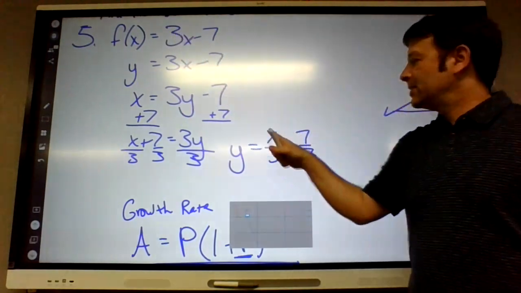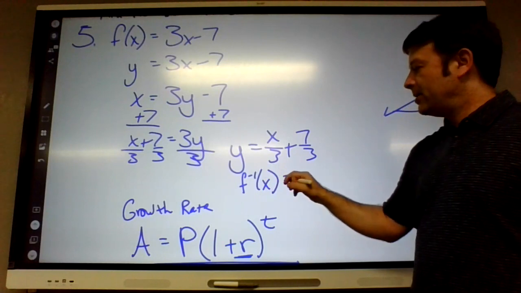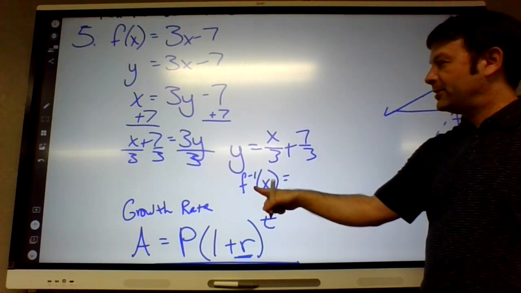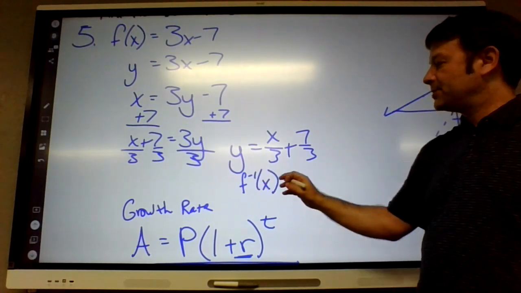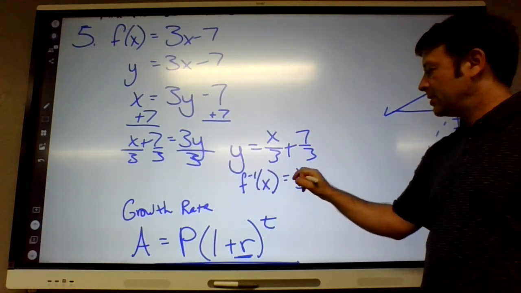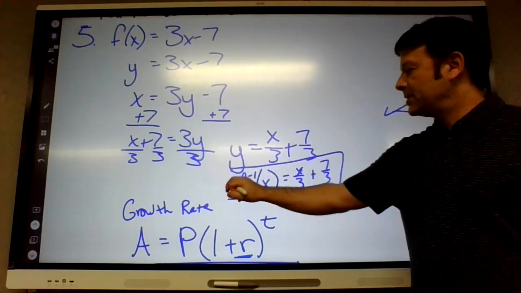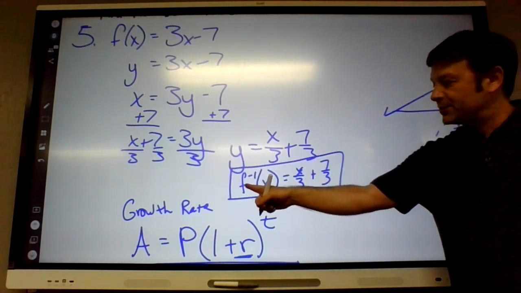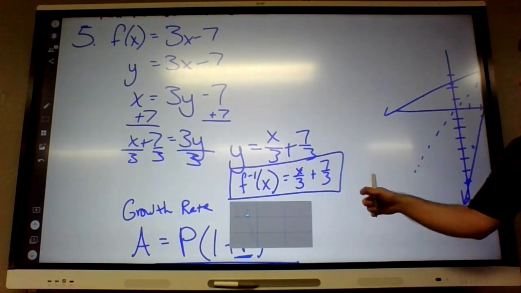Good job. And remember on this chapter, I had you write your answer the technically correct way, f inverse of x instead of just y equals.